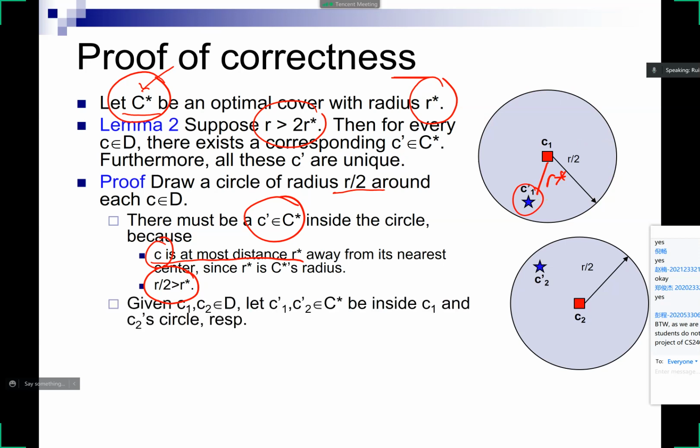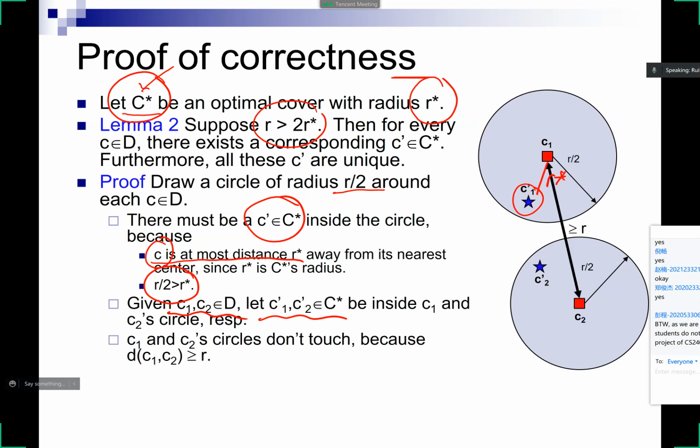So for all centers in D, we can find one of these optimal centers. And it has to lie strictly within the circle, because the circle has radius larger than r star, and the distance between our center and the optimal center is at most r star. So these optimal centers strictly lie within these circles.